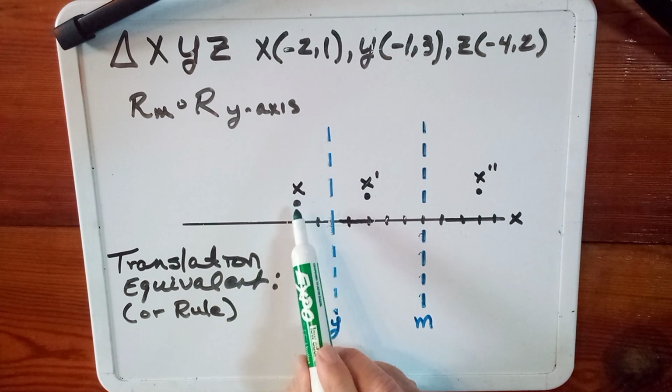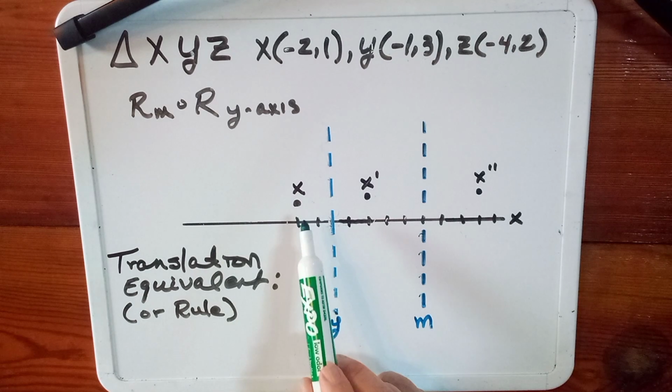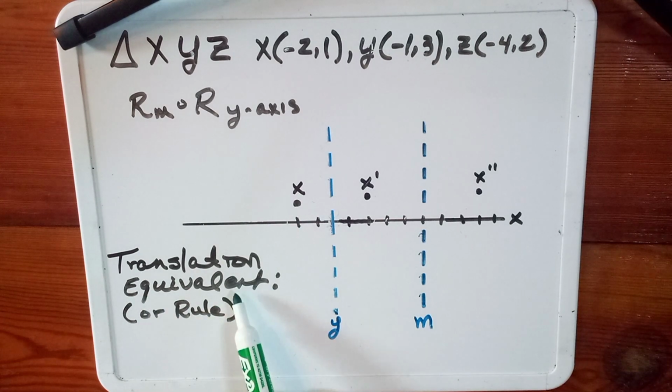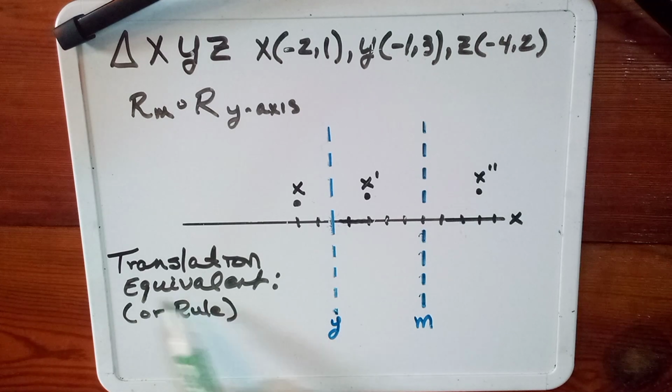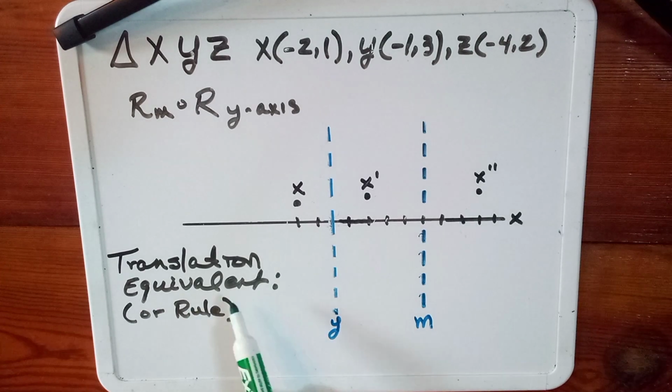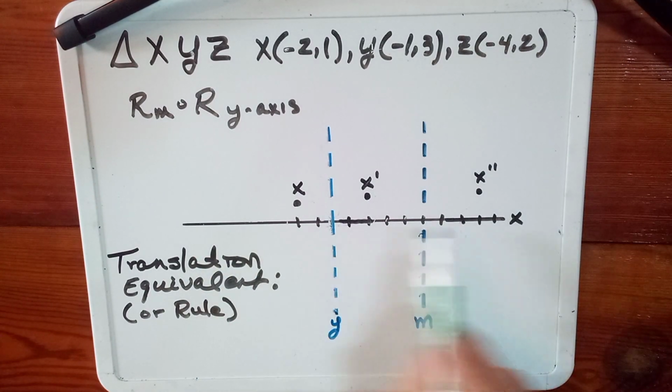If I was going to do the whole triangle, I would have all 3 points labeled. But since I'm just coming up with a translation rule, some textbooks call it the translation equivalent to these reflections, I really only need 1 point. I don't want to overly complicate my reflection problem here.